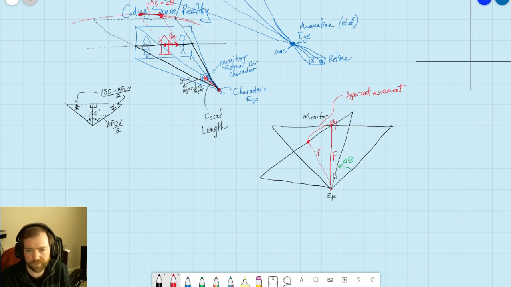And again, this is still a right triangle.